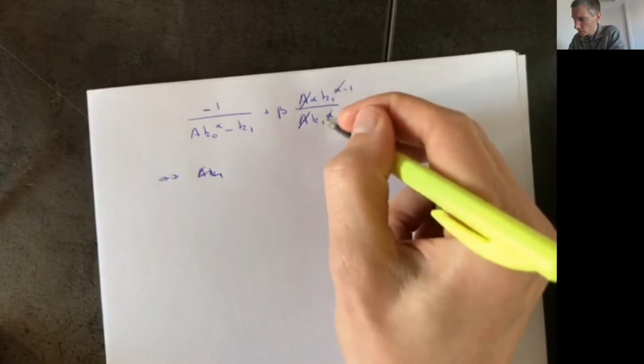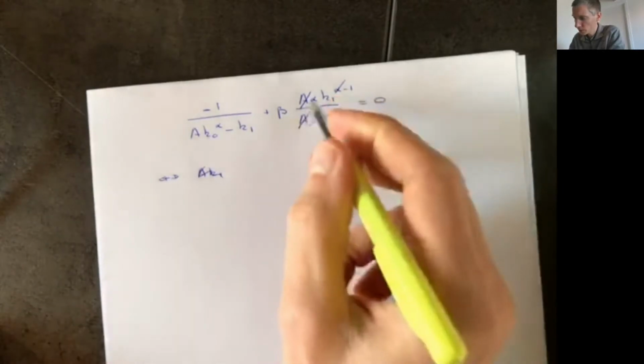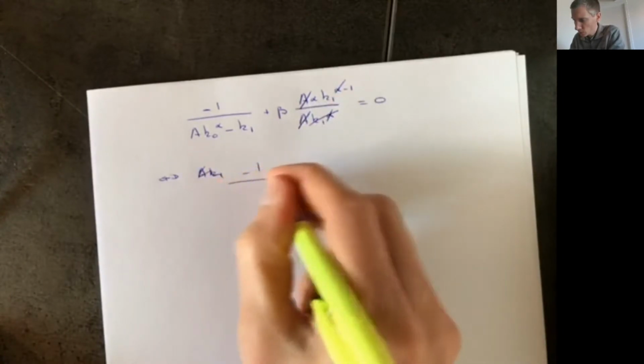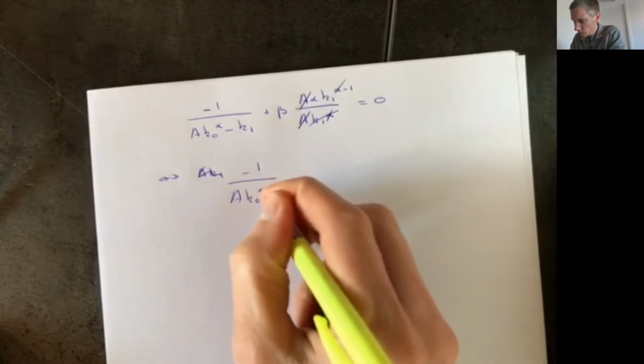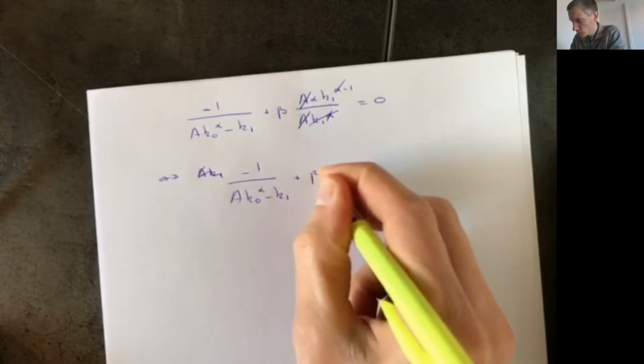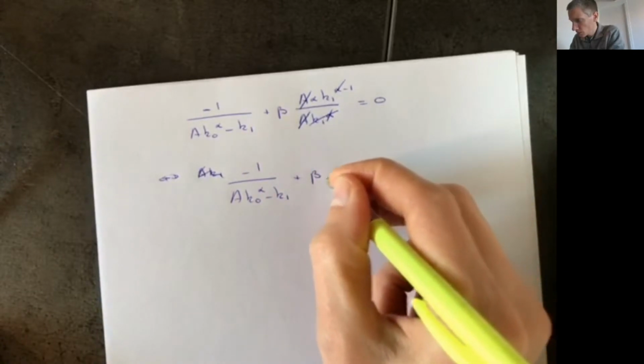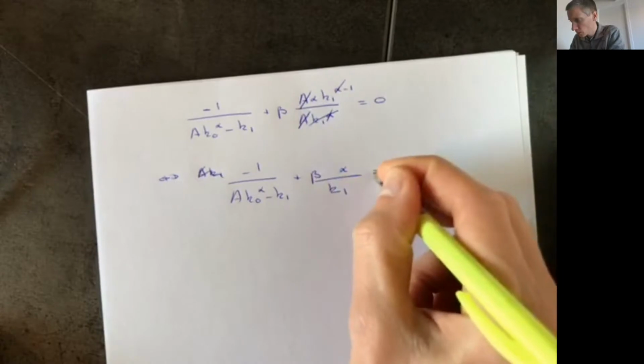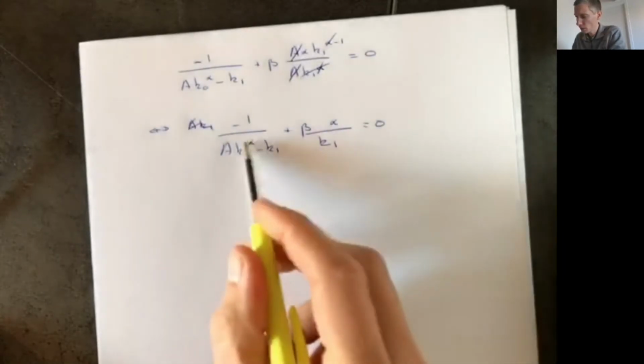This alpha drops, this disappears. So we have minus 1 over A K0 alpha minus K1 plus beta alpha over K1 is equal to 0. Okay, and now put this to the other side.